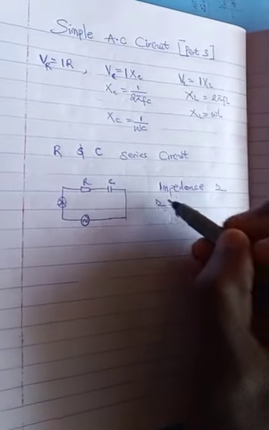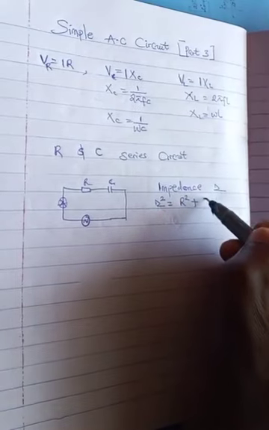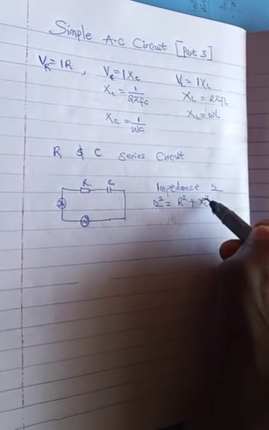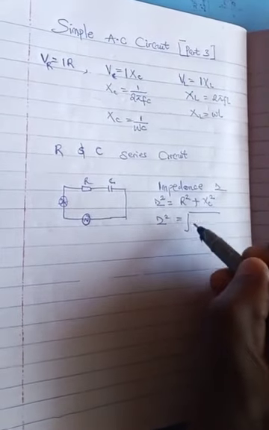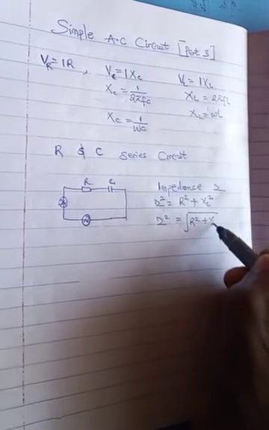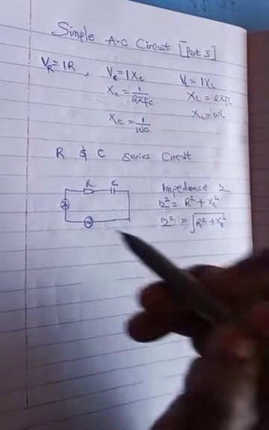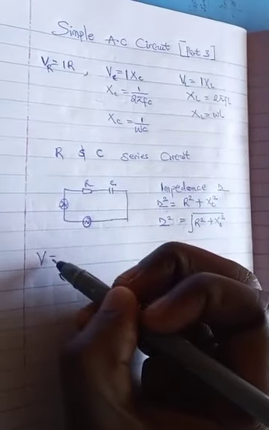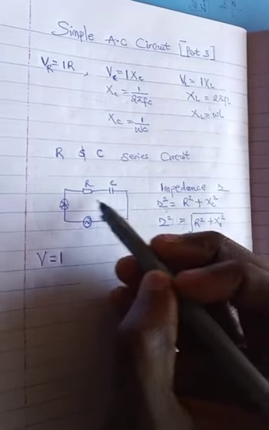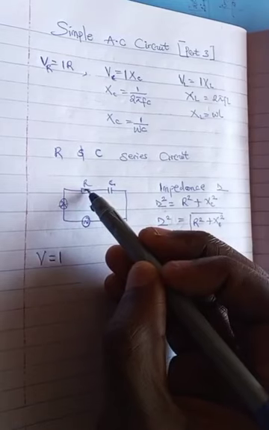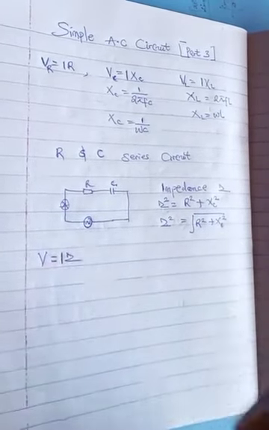The impedance squared will be equal to R squared plus XC squared. That is to say, Z is equal to the square root of resistance squared plus capacitive reactance squared. This transforms the normal formula V equals IR, where R stands for resistance. Since there is more than one resistance here, the resistor and the capacitive reactance, which is known as impedance, we call it IZ.